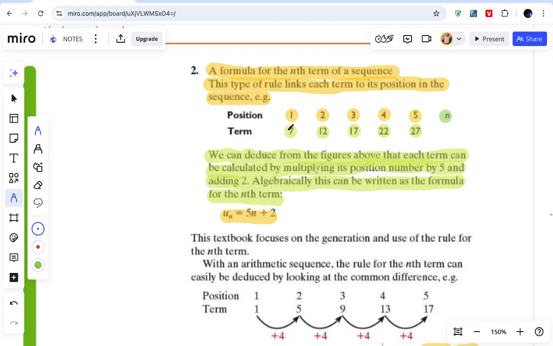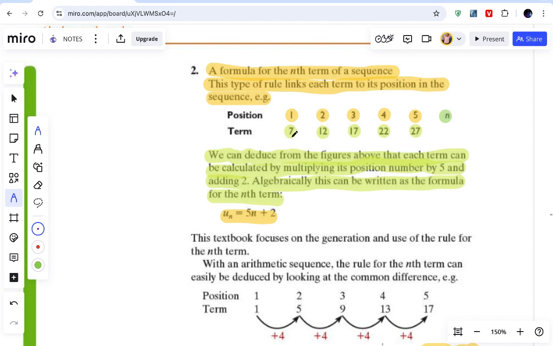Look at this: this is position 1, position 2, position 3, position 4, position 5. The first term is 7, the second term is 12, the third term is 17, the fourth term is 22, and the fifth term is 27.